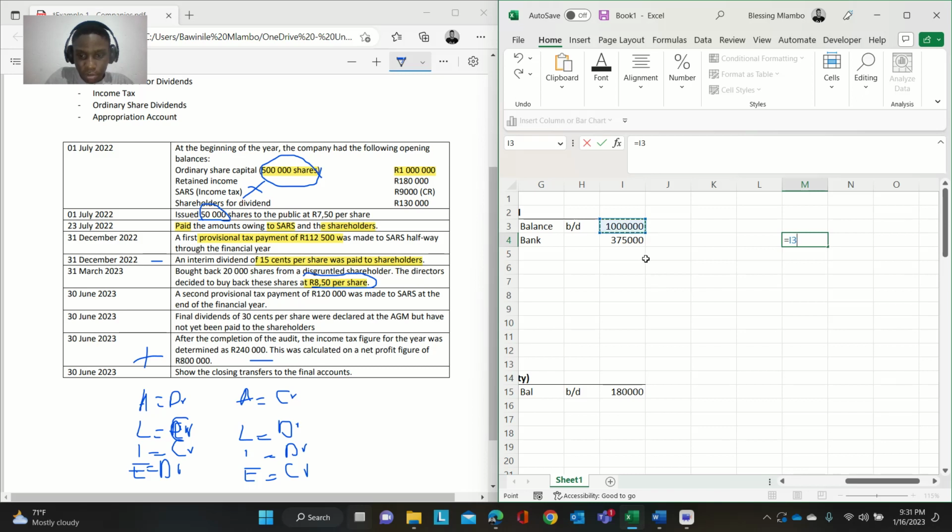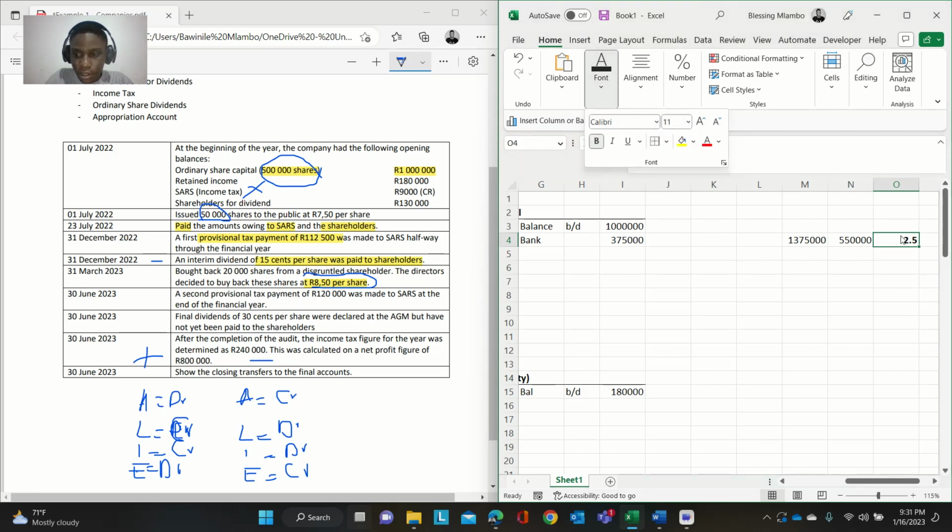So you take this 1 million, and then you add the 375,000. This is the total value of the 550,000 shares. You take the total value of the shares on the date of buyback, divide it by the number of shares, and then you get the average price per share, which is 250.